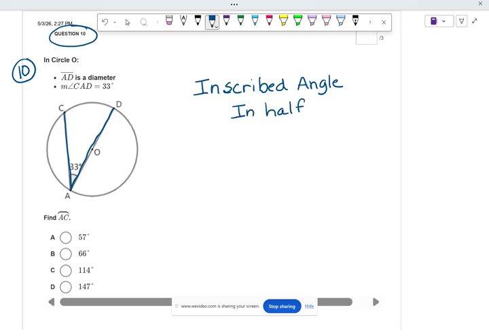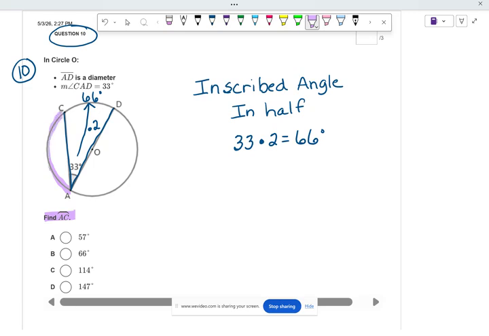To move it back out to find out the arc, you multiply by 2. 33 times 2 is 66. So the measure of arc CD is 66 degrees. But that's not what they want. They want the measure of arc AC.